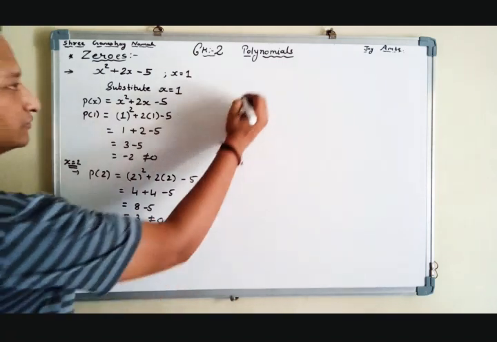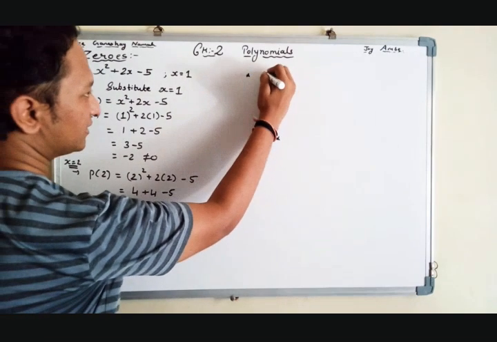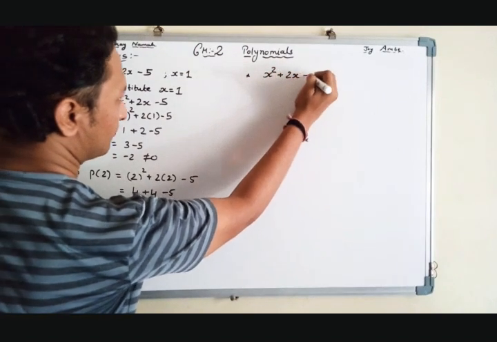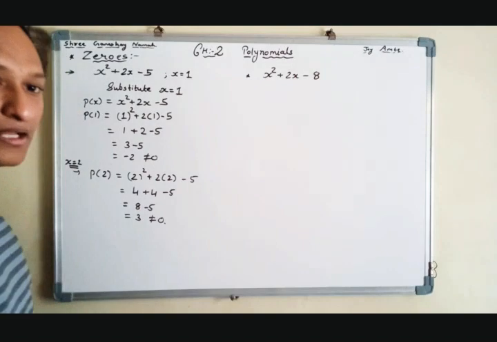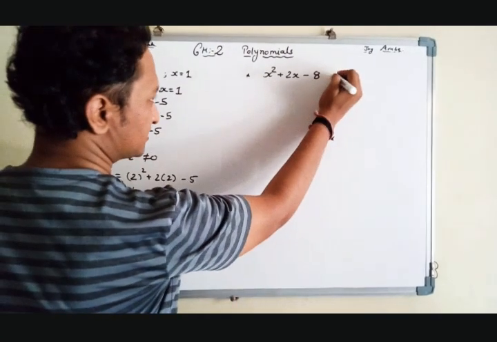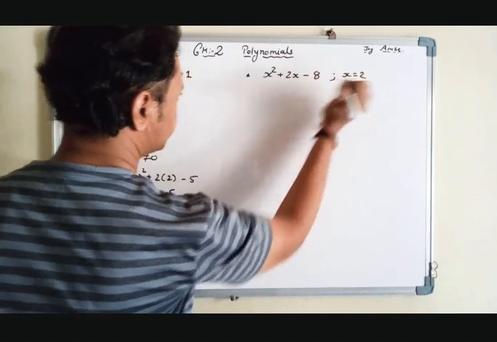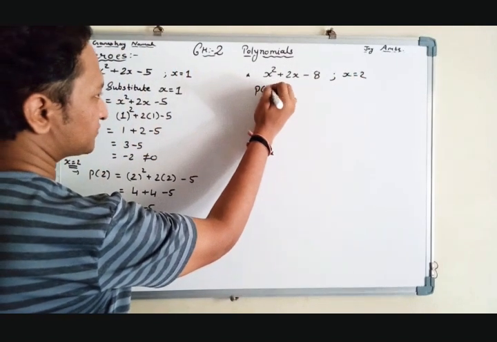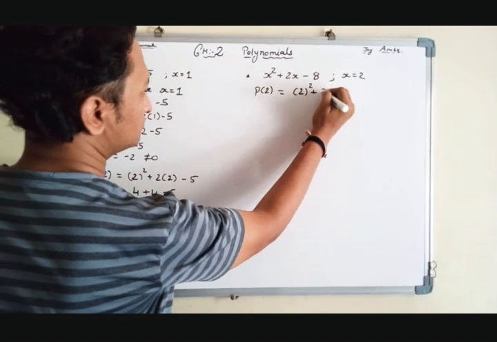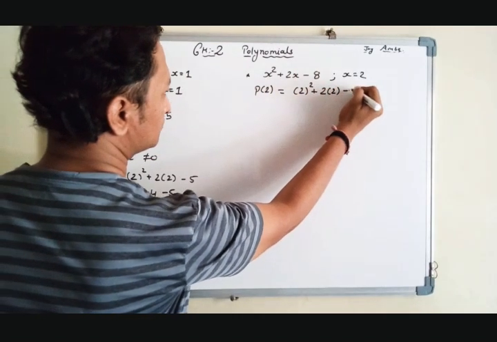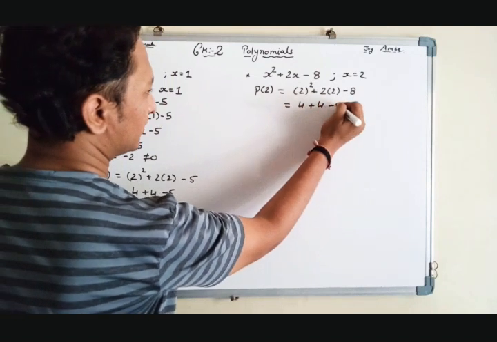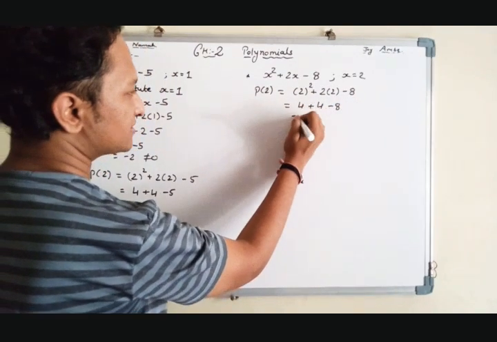So what we will do, take another polynomial, x square plus 2x minus 8. Now we put x equals 2 here and check whether it is a zero or not. So replace x by 2. 2 square is 4, 2 twos are 4, 4 plus 4 is 8, minus 8, that is 0.